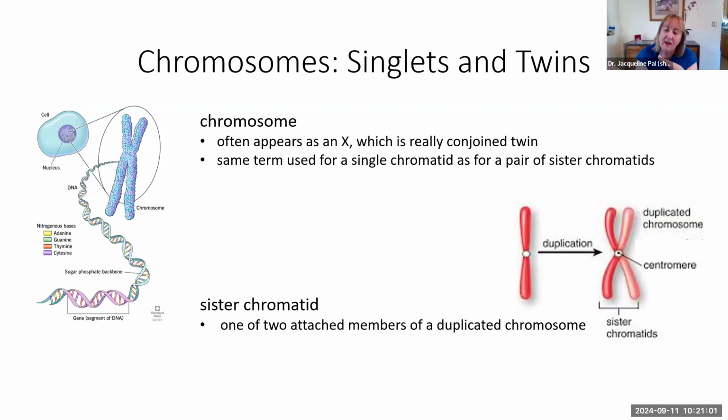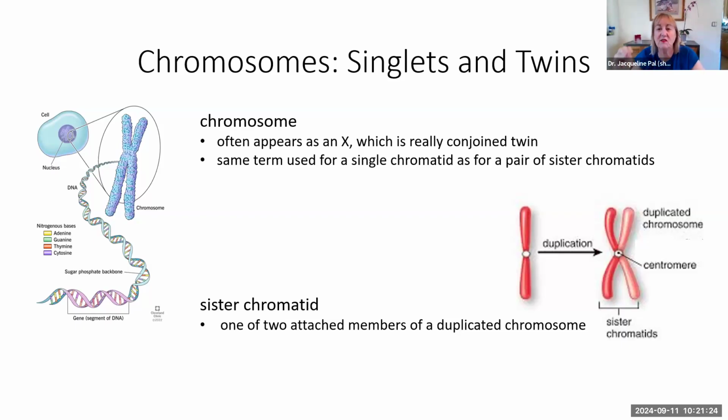And in a duplicated chromosome, we call each of the singlet things a sister chromatid, except when we only have one sister chromatid by itself, we can't call it a sister chromatid because there's no sibling around, so we call it a chromosome. So yeah, the terminology can be a little bit confusing.